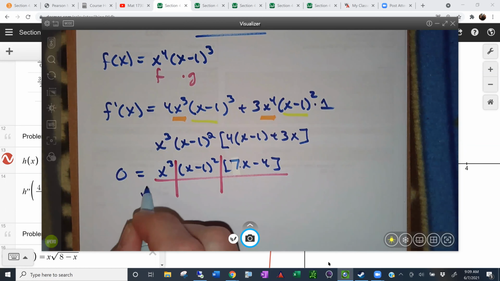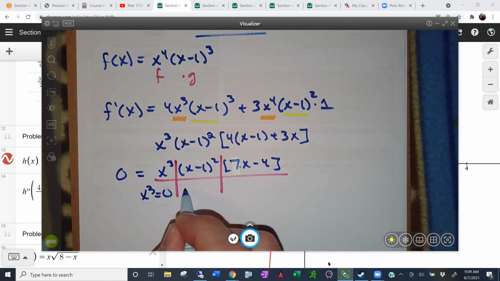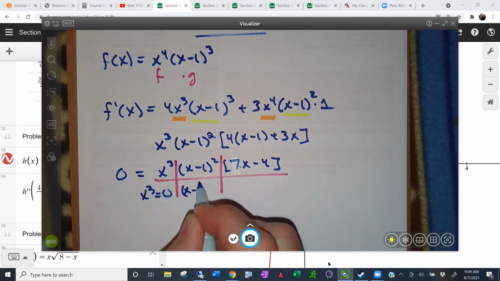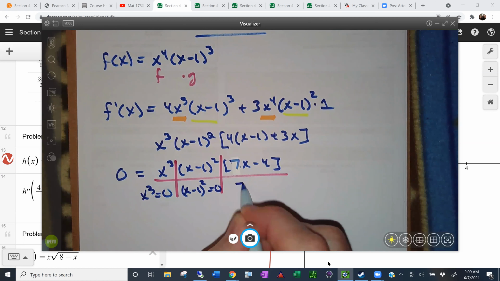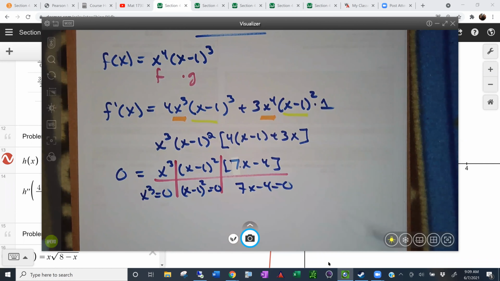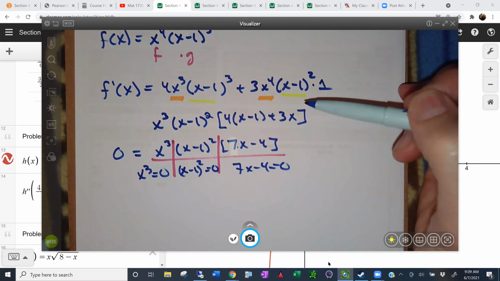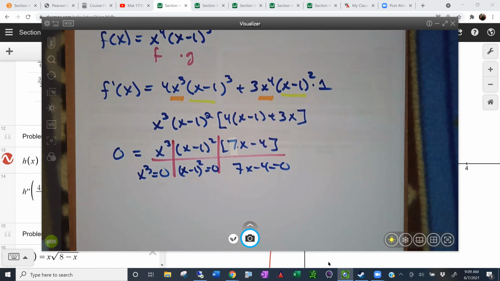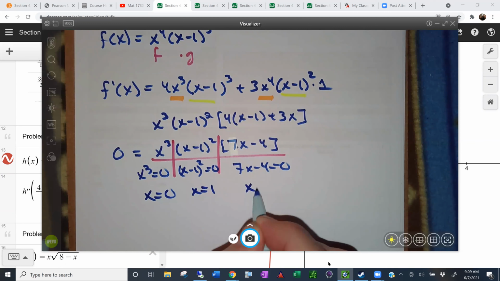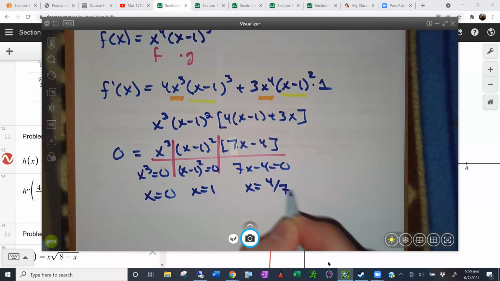So either x cubed equals 0, or x minus 1 squared equals 0, or 7x minus 4 equals 0. All of these are easier to solve than, say, a 6th degree equation up here. So here it's x equals 0, here it's x equals 1, here it's x equals 4/7.